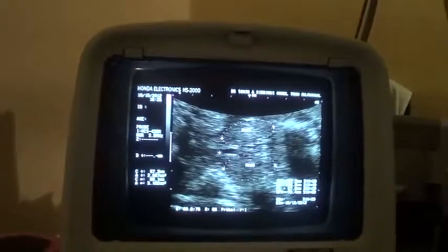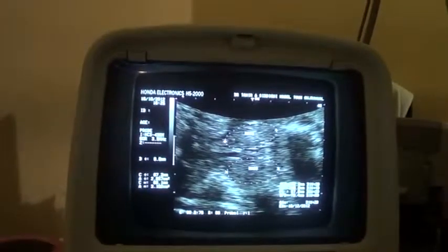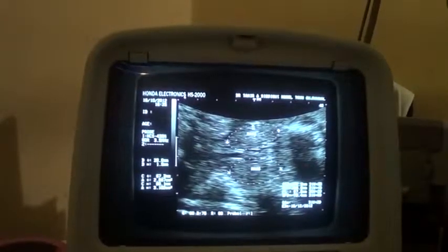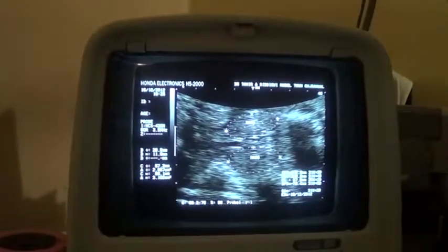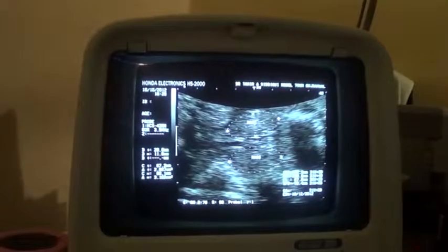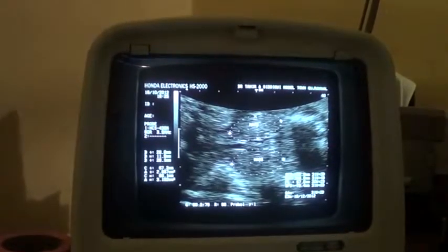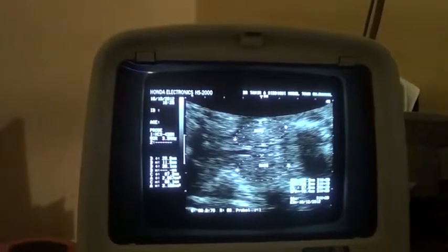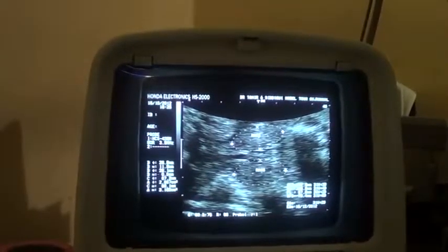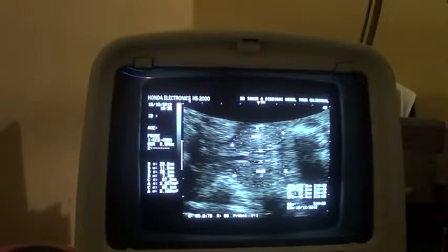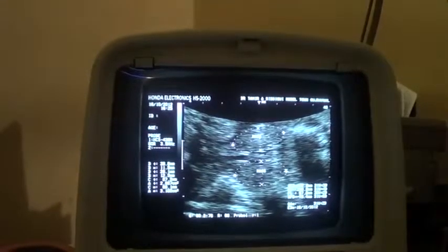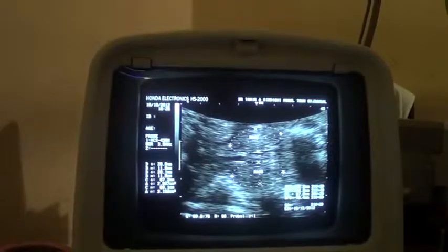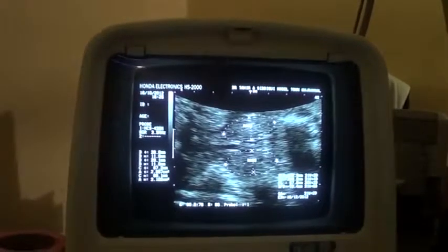In this location, if you measure the lobes separately, the measurements in longitudinal section both measure 2.8 centimeter. In anteroposterior diameter, both measure approximately 11.8 millimeter.